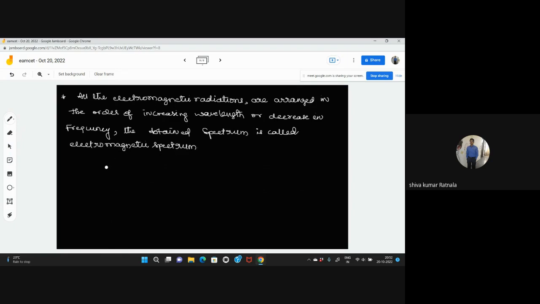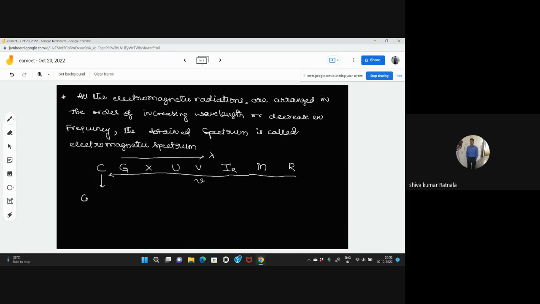That sequence we need to remember, that is C G X U V IR M R. This is in the order of their wavelengths, and in the reverse order it will be their frequencies.